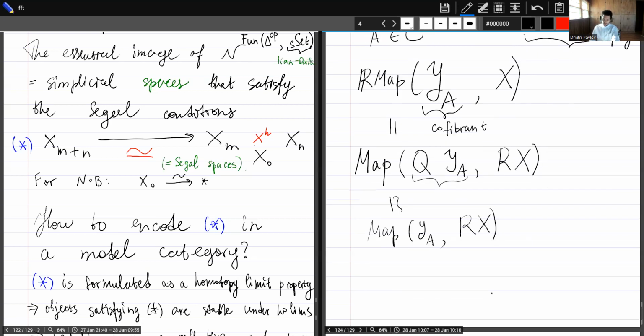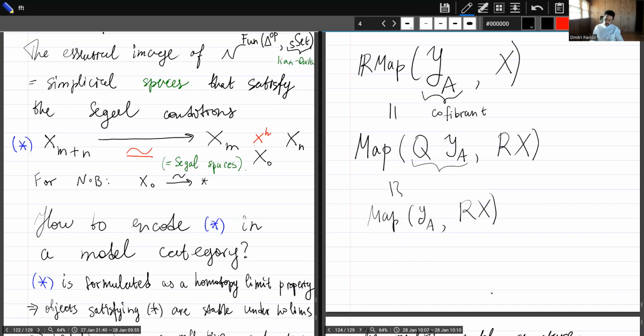Now, the ordinary enriched one-categorical Yoneda lemma tells us this is isomorphic to the value of the fibrant replacement on A, which is almost what we want, which is the value of X at A. But what about this fibrant replacement? Well, recall that any fibrant replacement admits a weak equivalence from the object itself.